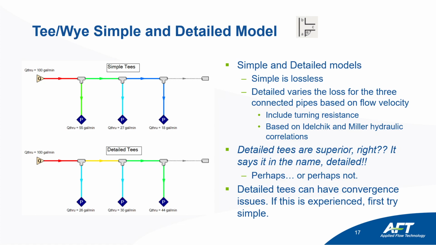If you are using your detailed T's and you're having a convergence issue, you're absolutely welcome to send your model in to our support team. We'll look at it and help diagnose the issue with you. But one of the things that we often experience is if there's a convergence issue with detailed T's, we just change them to simple, and that is often a path forward. So if you're experiencing convergence issues, first try swapping them to simple T's.